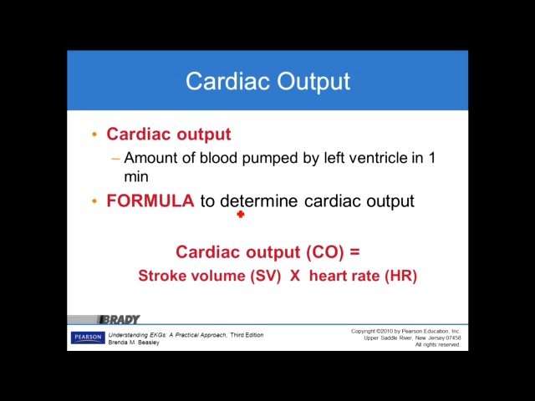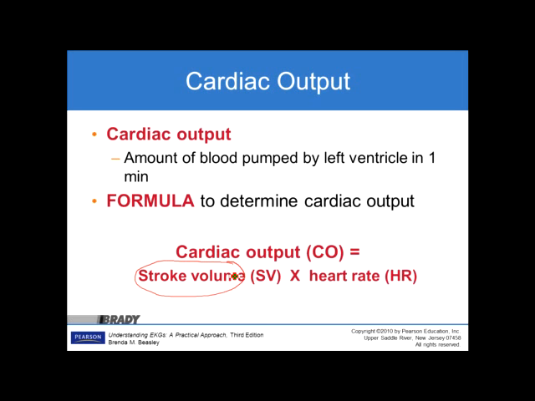Cardiac output: the amount of blood pumped by the left ventricle in 1 minute. The formula to determine cardiac output is cardiac output equals stroke volume times heart rate. Now the stroke volume actually has more parts to it.